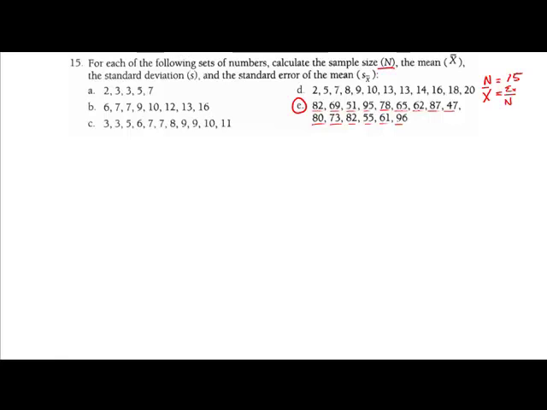I usually slow down because I want to do it correctly, and not lose my place. Alright, so the sum of x is 1083 divided by 15, 72.2.